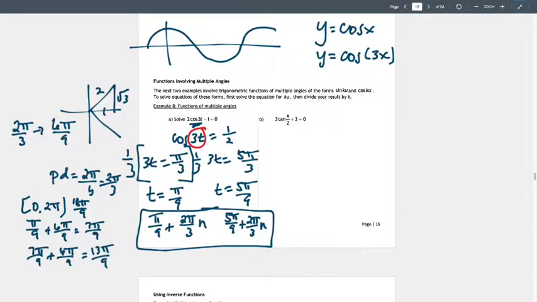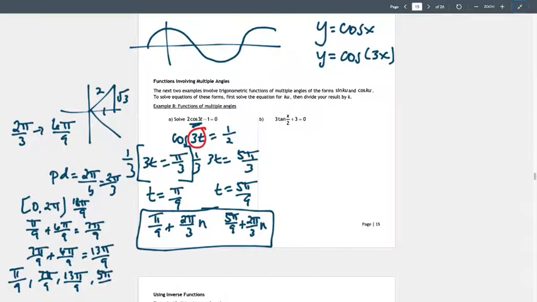Now I can't add 6 pi over 9 again because I'll get 19 pi over 9, and that's past 2 pi. So right now what I've got for answers, if I'm doing it from 0 to 2 pi, would be pi over 9, 7 pi over 9, 13 pi over 9 from that answer. And then the other one, we've got 5 pi over 9.